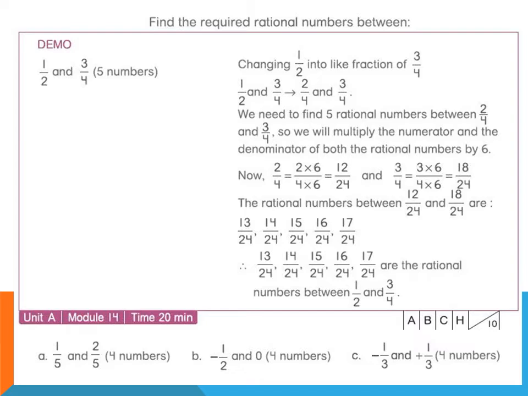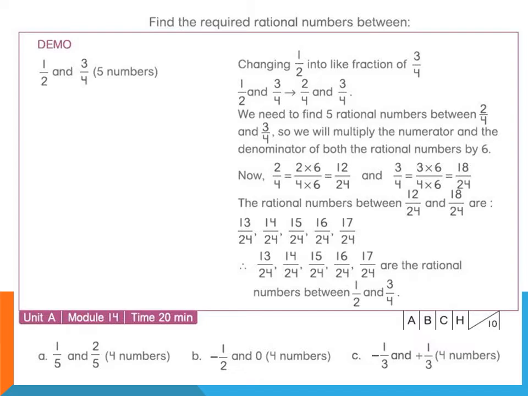Now changing 1 by 2 into like fraction of 3 by 4, we multiply both the numerator and denominator by 2, we get 2 by 4. Now 2 by 4 and 3 by 4 are like fractions. Next step, we need to find 5 rational numbers between 2 by 4 and 3 by 4.